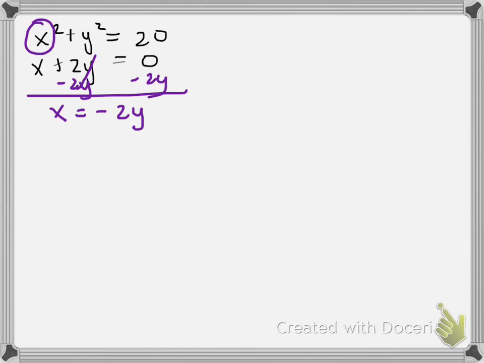Now I'm going to plug this in for the x value in my top equation. Instead of x, I'm going to have negative 2y, but it's going to be a quantity, so I'm going to put this in parentheses.